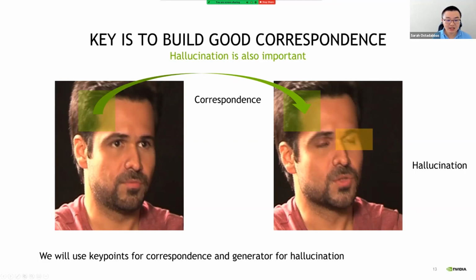For example, this source image doesn't show the subject with closed eyes. But in the next frame, the eyes might be closed, and you don't see the closed eye in the source. Now you need to hallucinate. In a traditional video codec, you send something called the residual, basically the error after applying the motion field. But here we're just going to hallucinate.